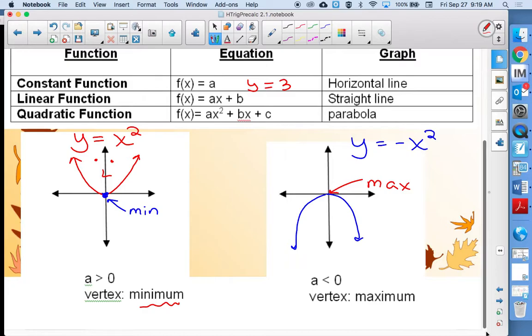Usually we say that is the line that goes through the middle of the graph. It splits the parabola in half. One side is symmetrical to the other. So we draw it usually as a dashed or a dotted line going through the vertex. Always passes through the vertex.